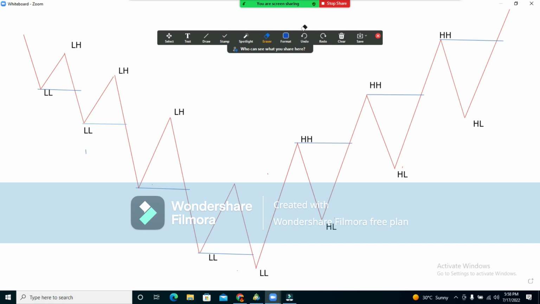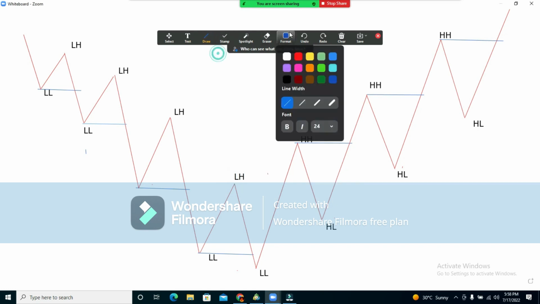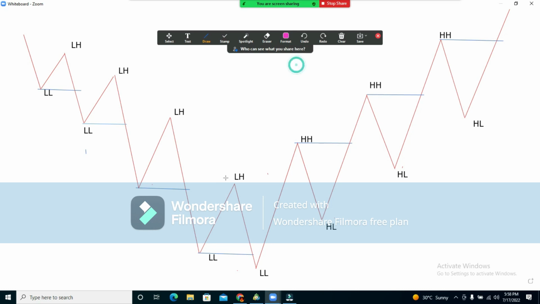So can you see what I'm doing? So here is lower high, like I said, and I want to change the line because it's another subject again. So you can see there is another color here.